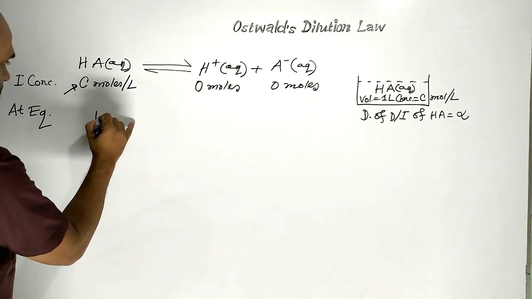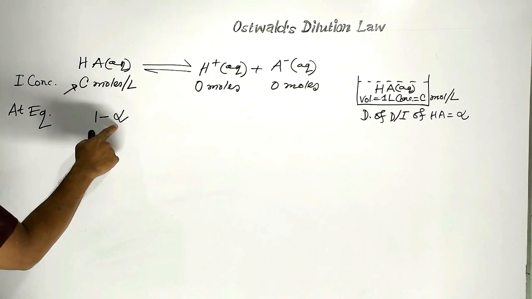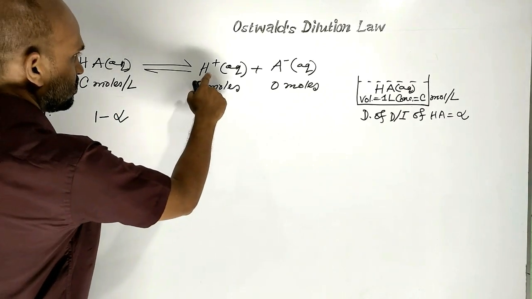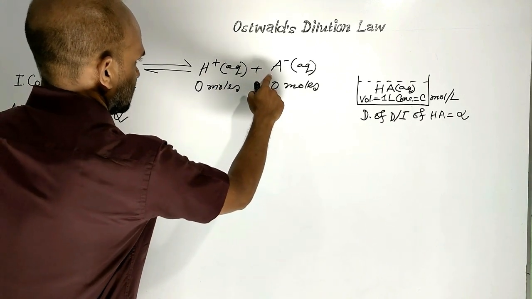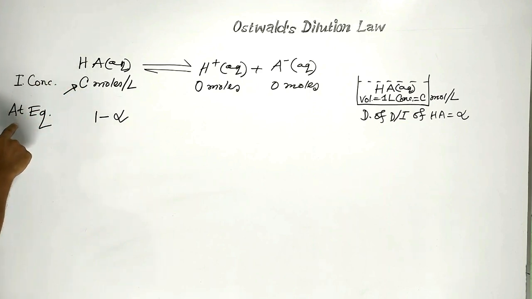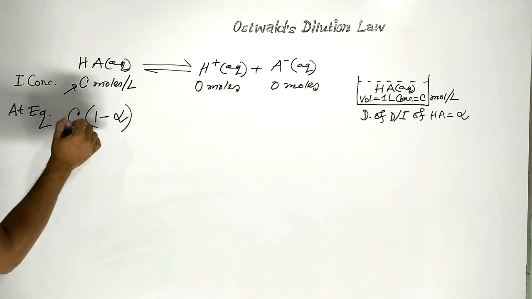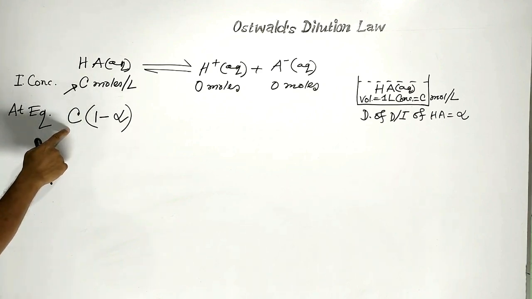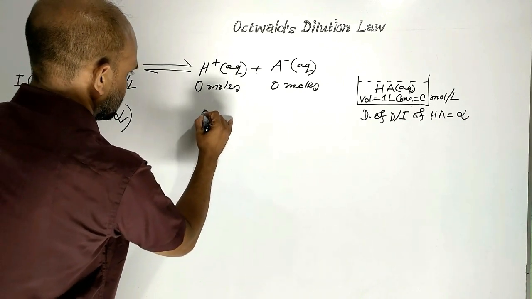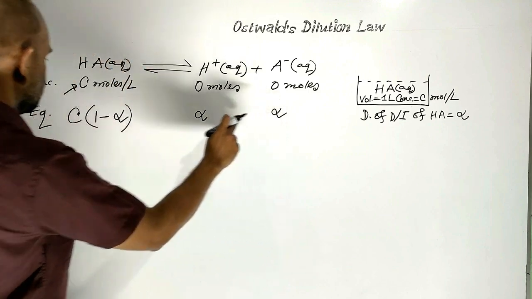As degree of dissociation of HA is alpha, then amount of alpha dissociates to form proton and anion. So undissociated HA at equilibrium will be this, as concentration of HA is C. Protons alpha, anion alpha.